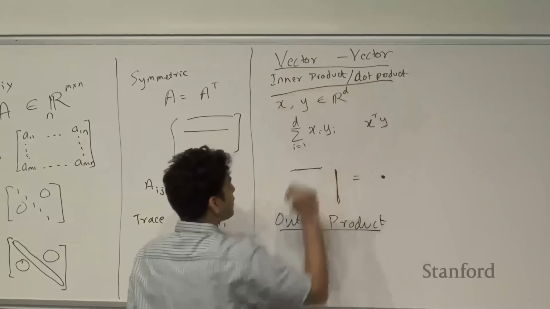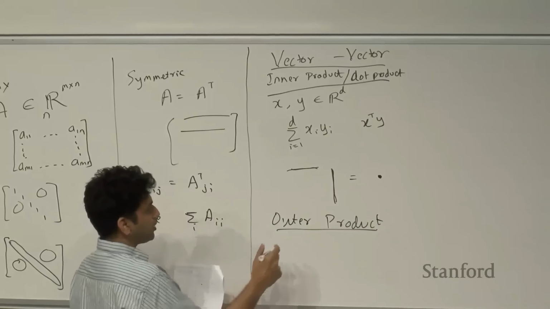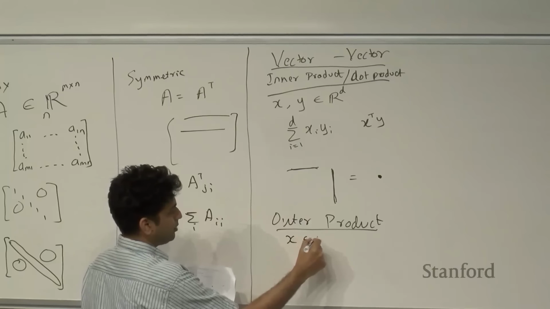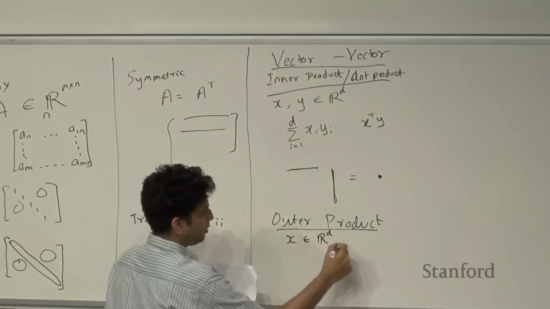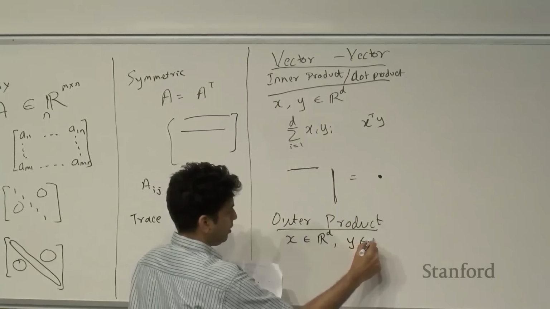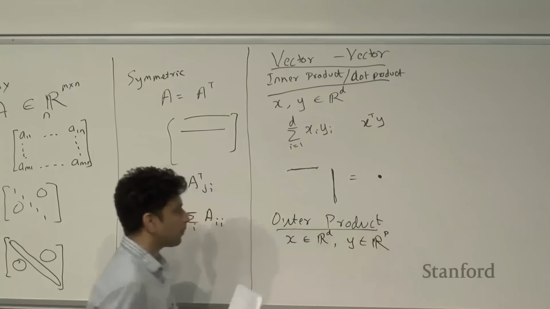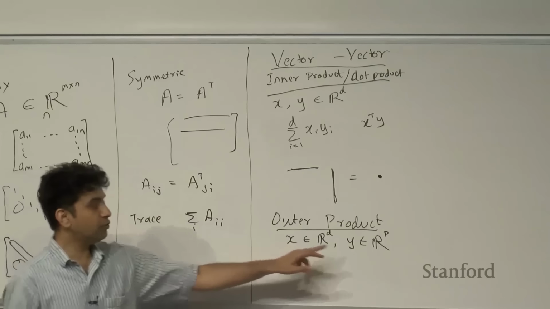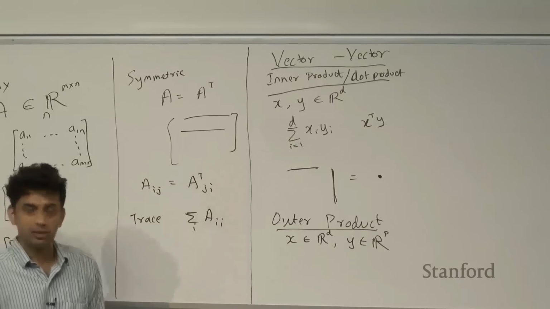So we have the inner product and we have the outer product. In the outer product, you can have x in R^d and y in R^p, right? So for the outer product, the two vectors need not have the same dimension, but for the inner product, they had to have the same dimension.